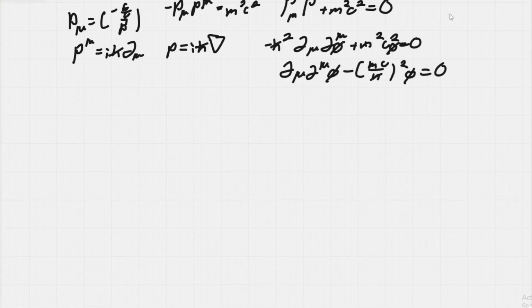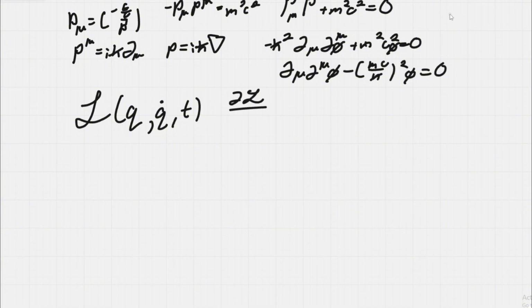So, as you know, the Lagrangian is written in terms of the generalized variables as so. And from this we get the Euler-Lagrange equations, which tell us the equations of motion derived from this Lagrangian.